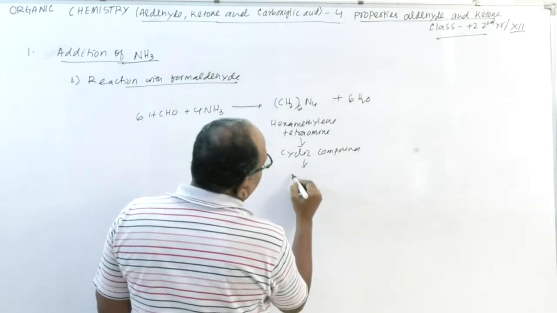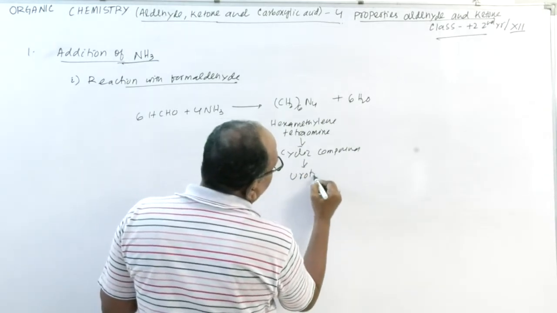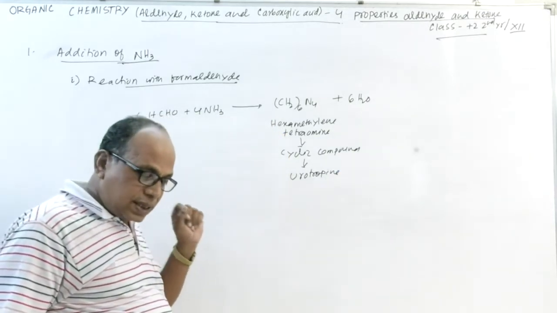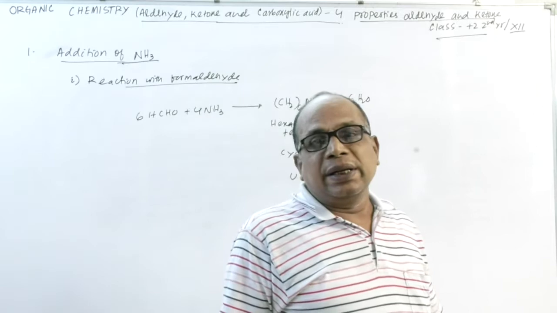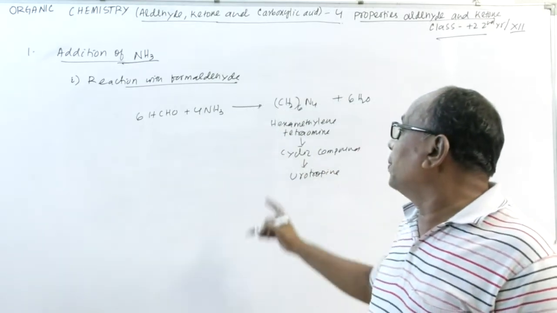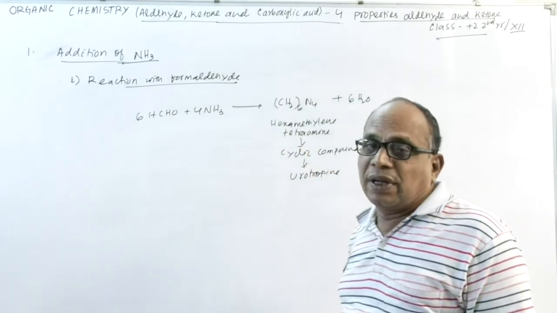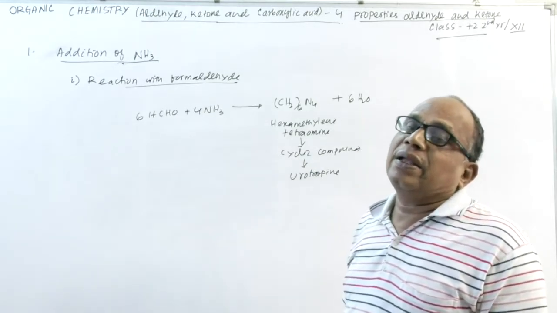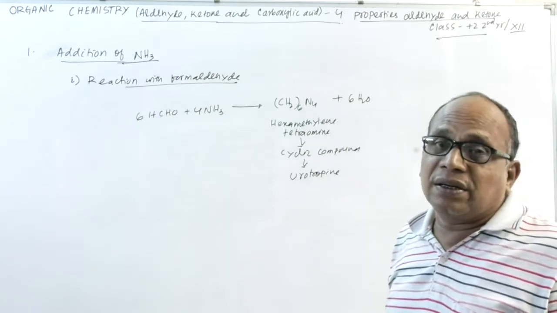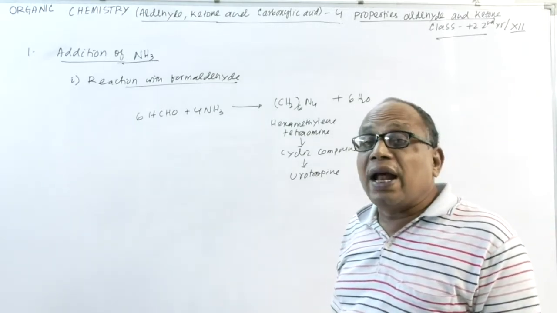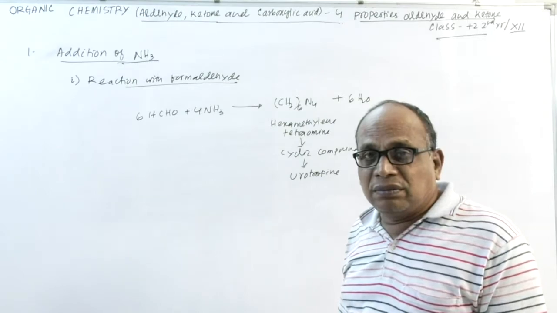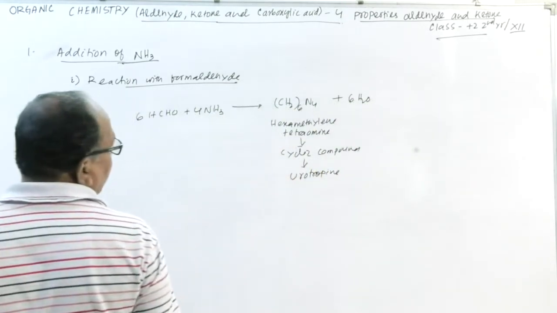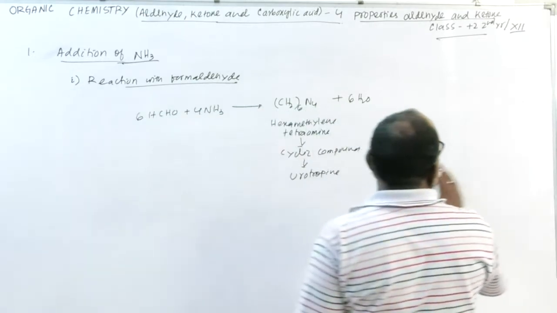It is known as the medicine urotropin. Urotropin is a commercial name of hexamethylene tetraamine, and it is used as a medicine, an antiseptic for urinary infection. And the structure of urotropin is a cyclic compound.